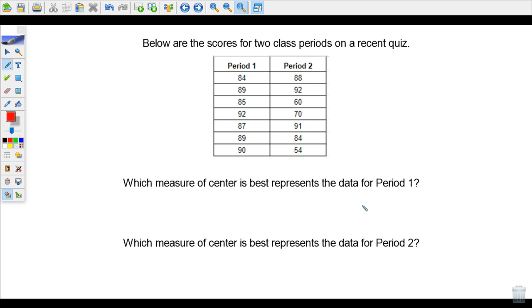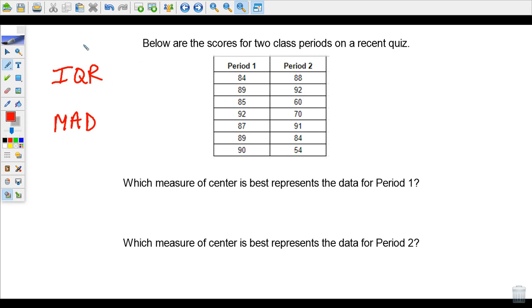We want that to always be our typical value, but we really need to calculate the measures of spread in order to do that. So I'm going to go off to the side and I'm going to calculate specifically the IQR and the MAD, the mean absolute deviation, and the interquartile range.